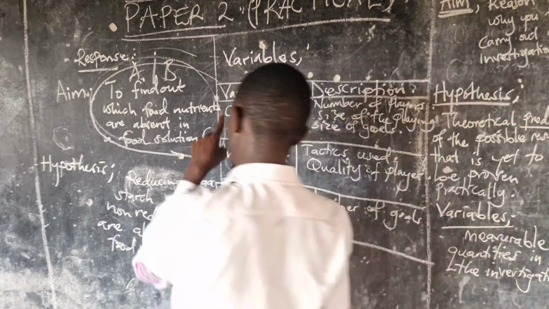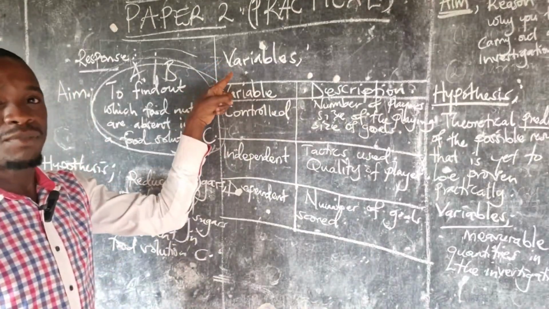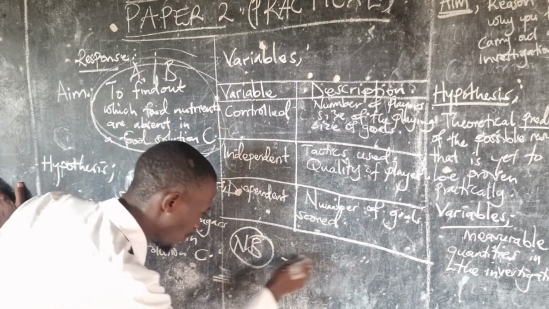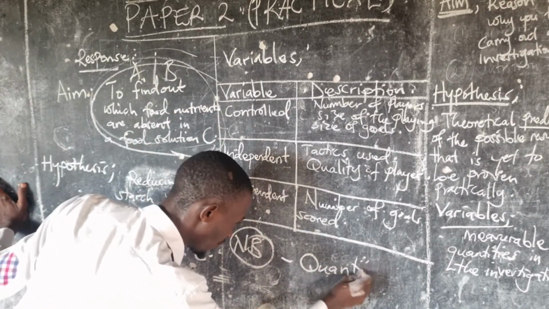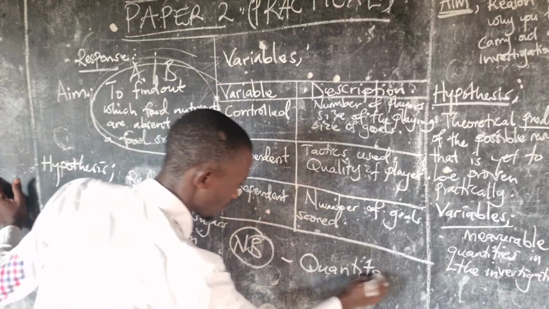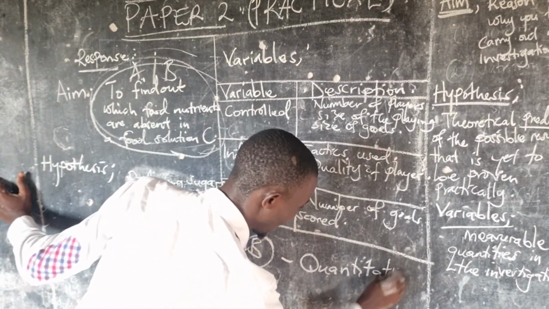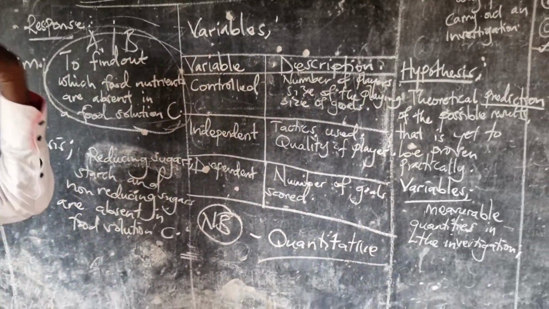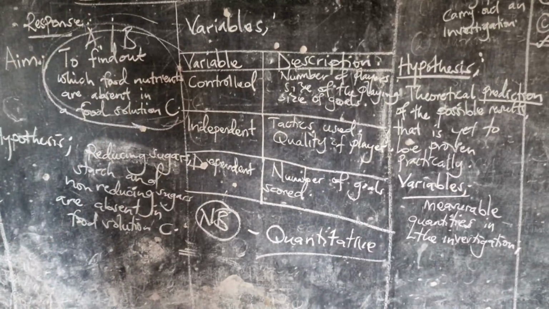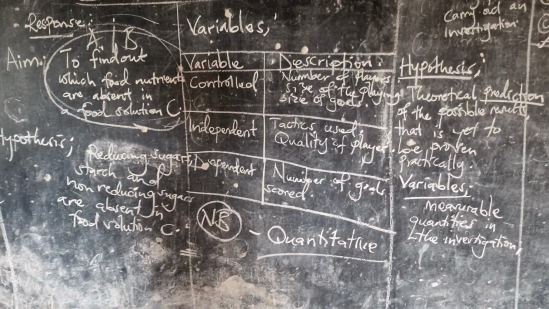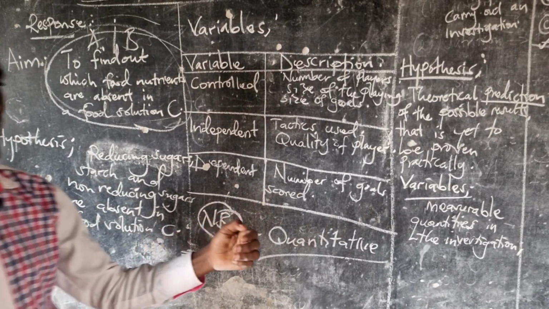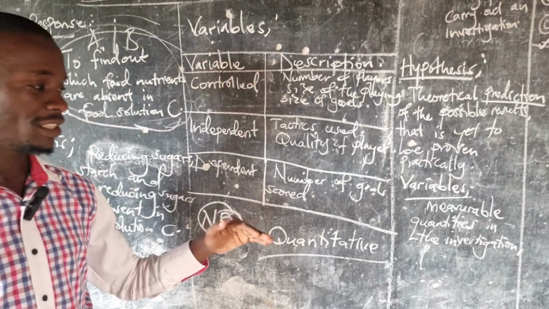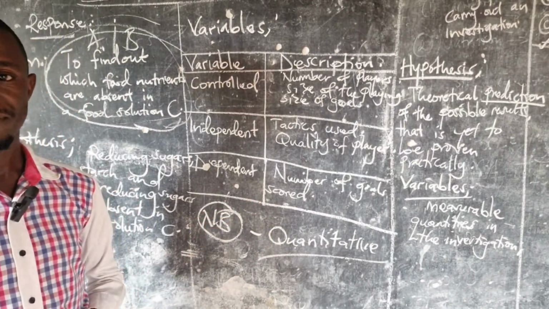Again, we only represent the variables if the practical is quantitative. If the practical is quantitative, when it is dealing with numbers, determining amount of something, determining distance between certain destinations, certain points.